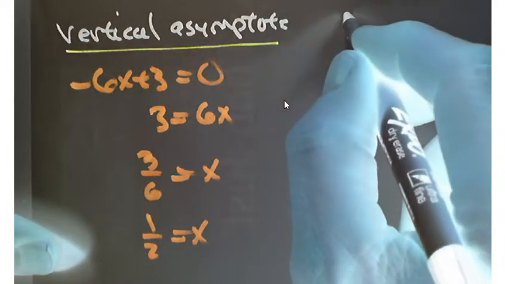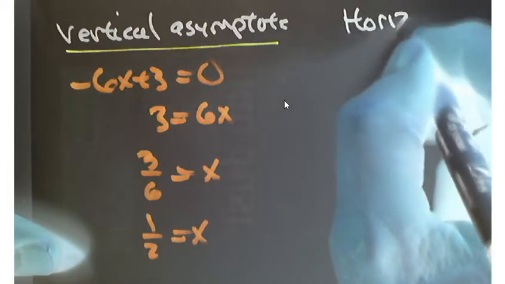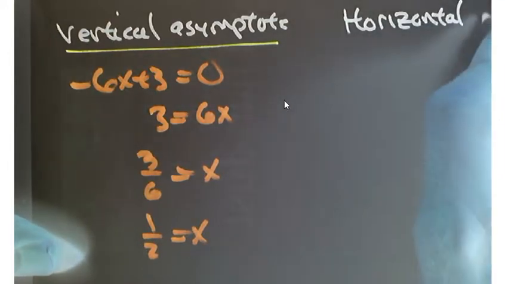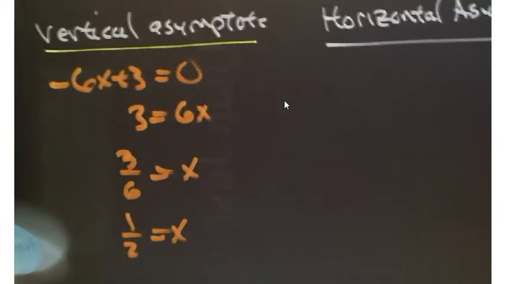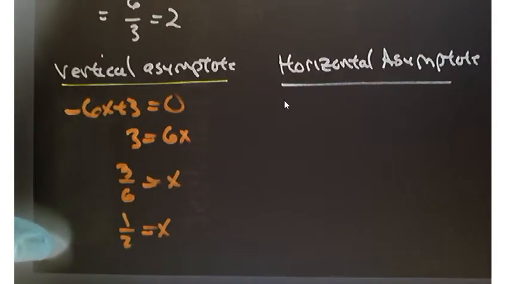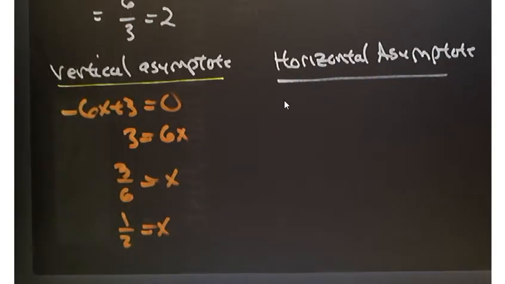We're also going to look for a horizontal asymptote. Zoom out a little bit here. Now, I've only gone over a couple cases for horizontal asymptotes so far.